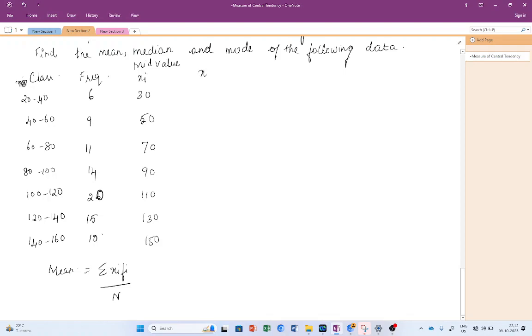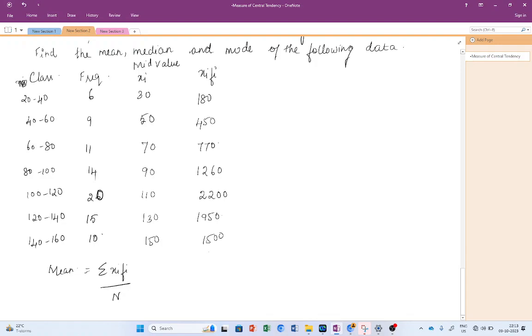Now you can find what is your xi fi. So it is nothing but the product. So it is 180, 450, 770. When you multiply this, it is 1260. This is 2200. When you multiply this, 1950 and 1500. Okay, so these are the values which you get.